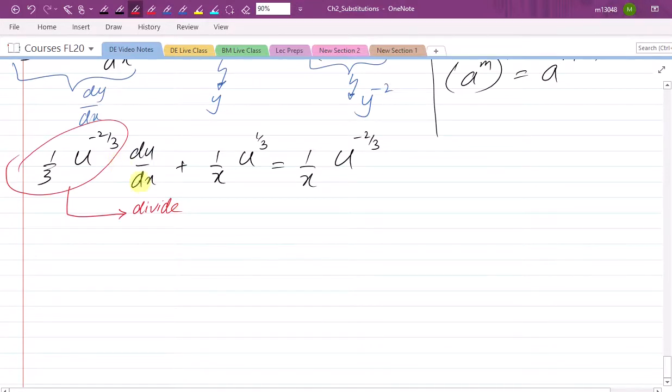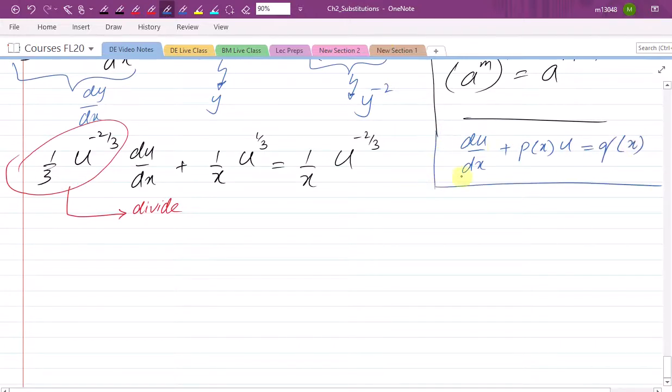If you remember, the standard linear form for the linear equation looks like du by dx plus p of x u equals q of x. So nothing should be attached to du by dx.